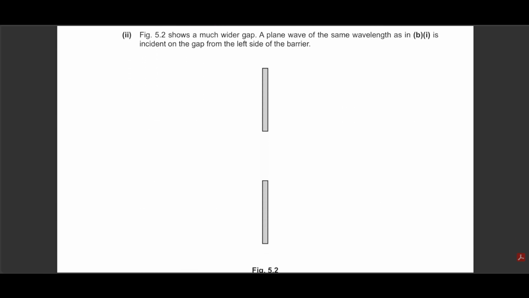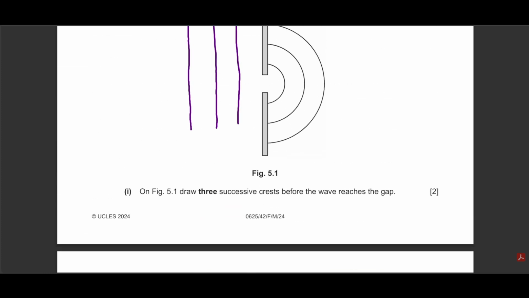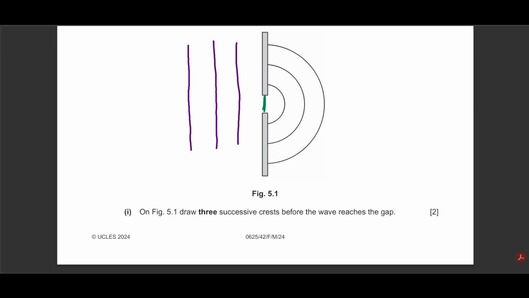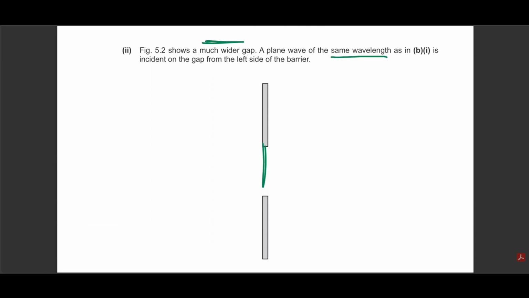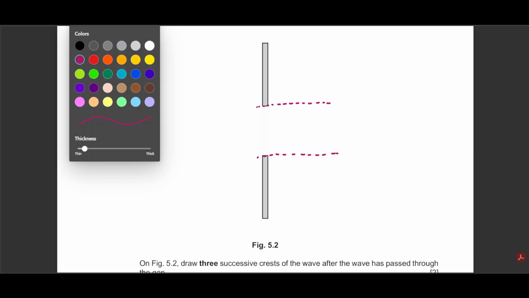In this part, he says a plane wave of the same wavelength is being represented, but notice that the barrier has a much wider gap this time around. It was this much here. Now it's this much. The gap is much wider. So how would that affect it? A general recommendation again from my side is to draw a very light dotted line in front of the barrier where the wave will not be able to bend.